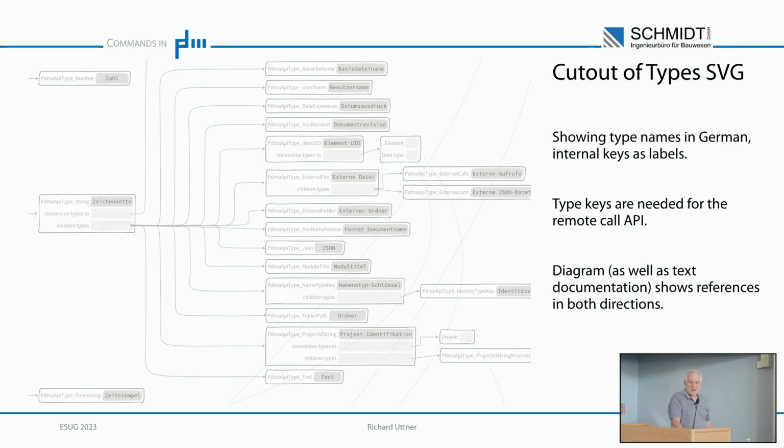This SVG is automatically generated by our framework because it has knowledge of the type hierarchy. It can traverse it and print it with an automatically derived relationship between the types, where we can even see which types can be transformed automatically into other types.